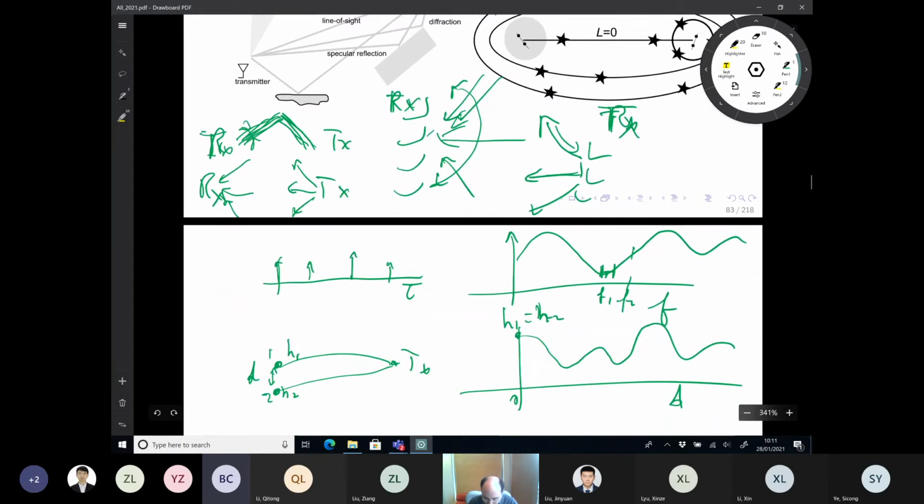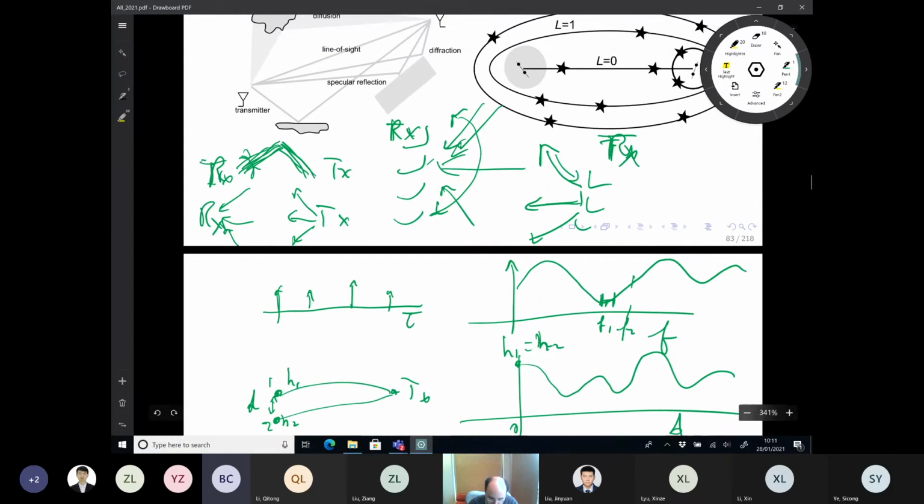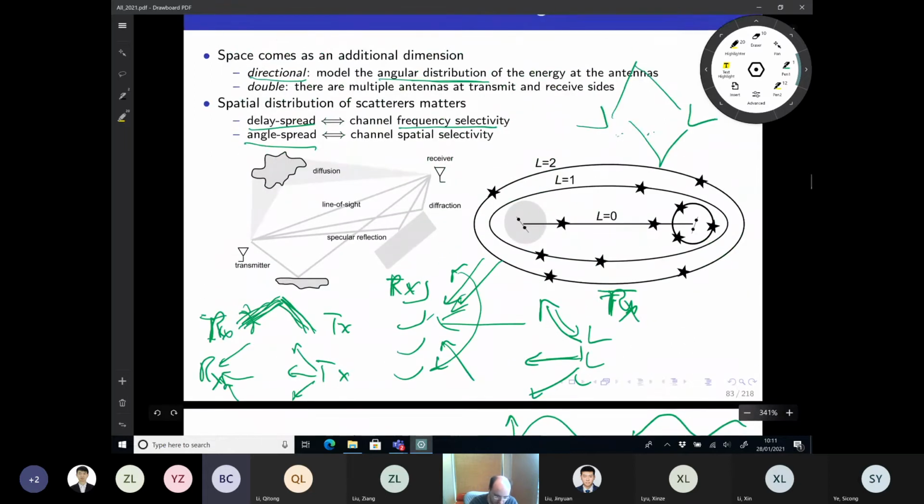Now, this selectivity in the spatial domain means your channel changes as a function of where you are located and how far you are from each other. That's a little bit the analogy with the frequency selectivity. So it's a spatial selectivity, a selectivity of the channel in the spatial domain instead of in the frequency domain. And this will be related to the angle spread.